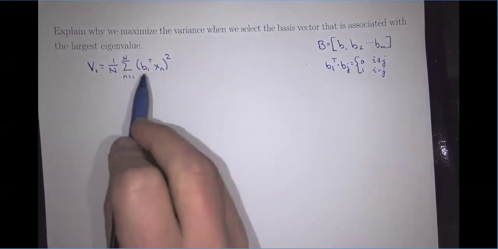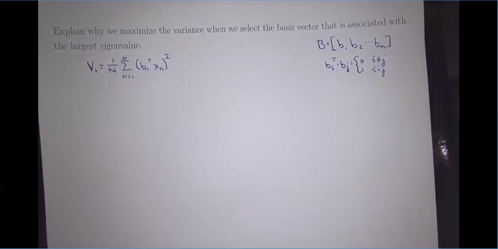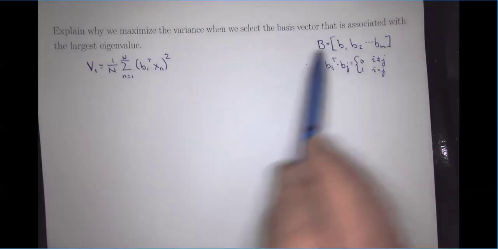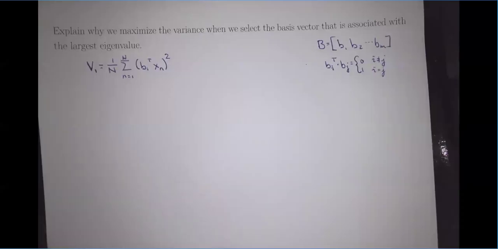Now this is the variance captured by vector B1. And we're going to define vector B1 to be the vector in B associated with the largest variance, which makes V1 the maximum possible variance.